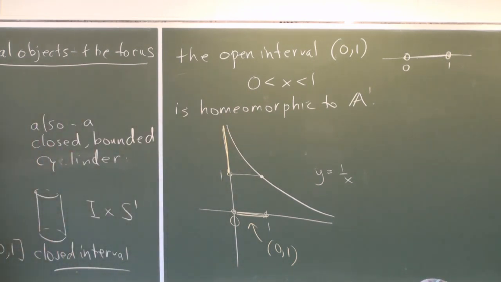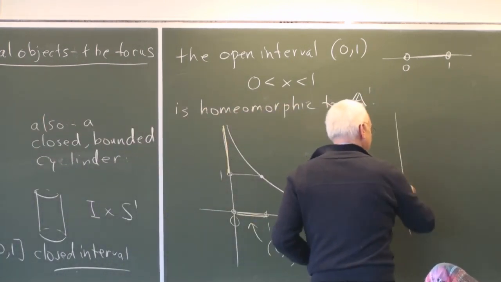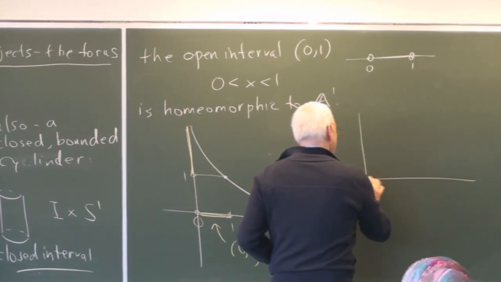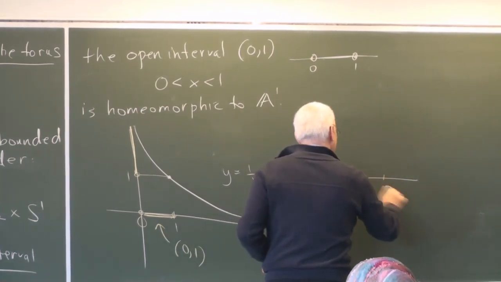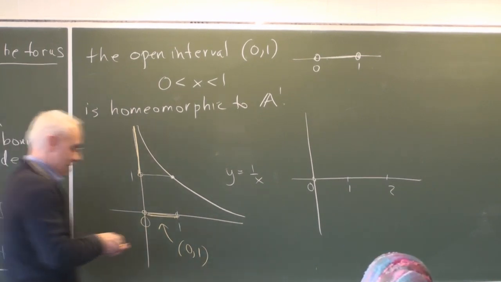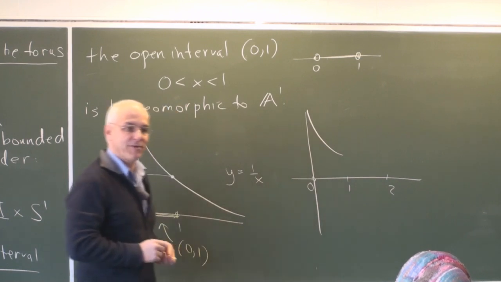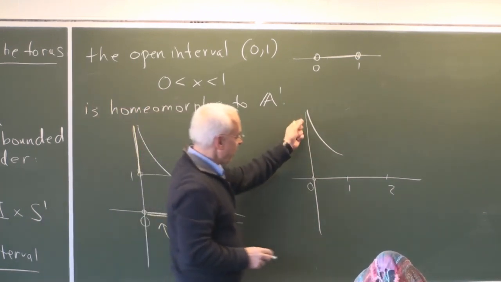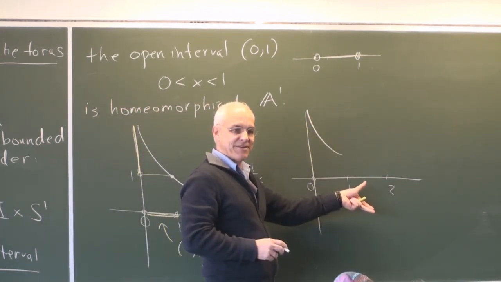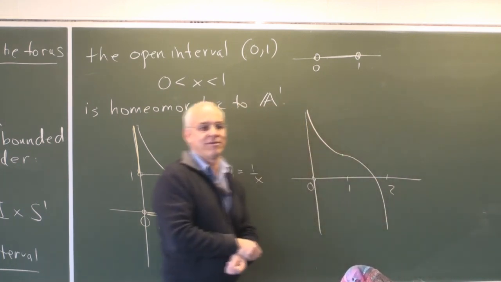Now if we wanted to get a map from the open interval to a whole line, we could just put two of those together. So we could do something like this. Suppose we go from 0 to 2 perhaps. We could take this branch of the hyperbola that we've just been talking about, and then we could take that same branch and reflect it and put another copy starting here, going down in that direction.